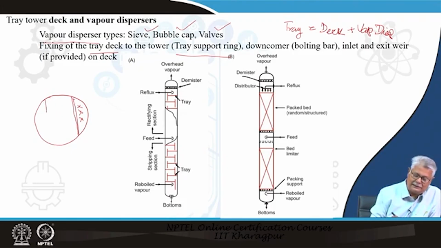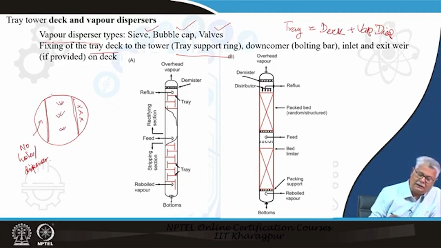There is another section here which has got no holes or no dispersers. So, you have dispersers only in this particular section. The liquid from the upper tray falls here through the downcomer, then it travels from the left to the right, and since this portion is missing, it falls off.